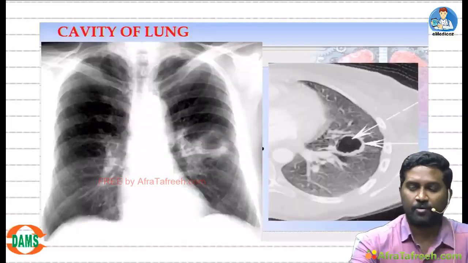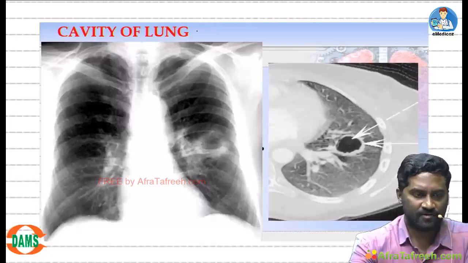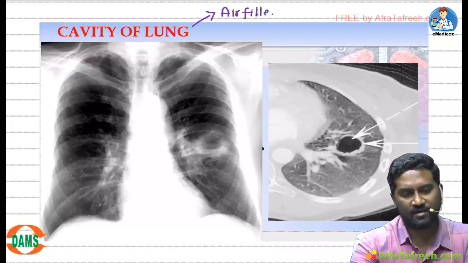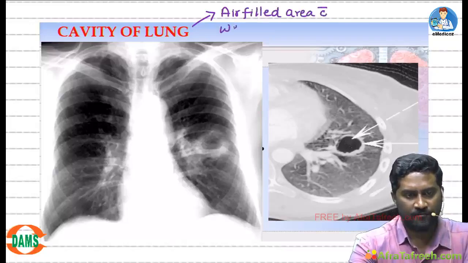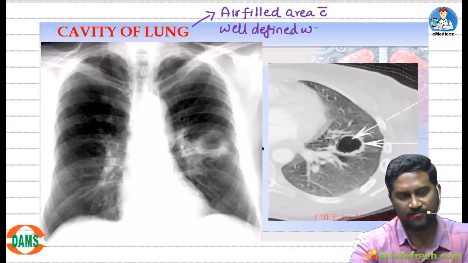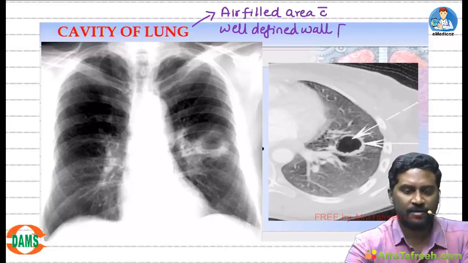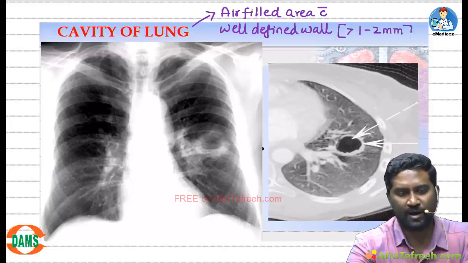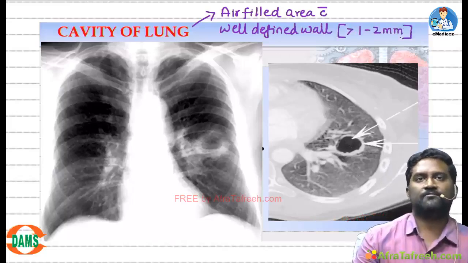Then, how to identify cavity of lung? What is cavity? Cavity is an air-filled area with well-defined wall. The usual dimensions will be more than 1 to 2 mm. How to identify cavity?